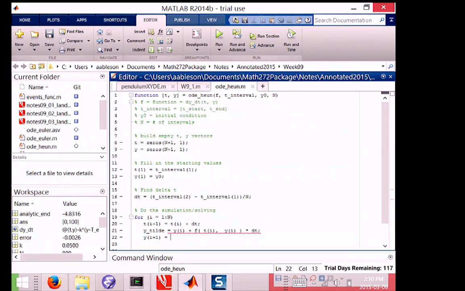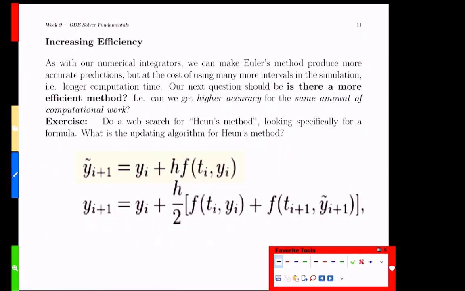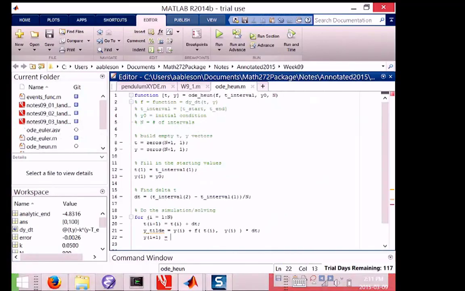There we go. Let me just go back to the notes for 1 second to confirm that. Right, y tilde is the old y plus h, delta t in our world, times f. Y tilde is y, the old y, plus the f of yi times delta t.